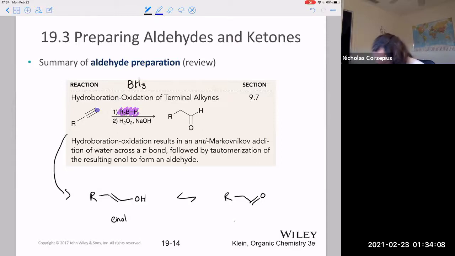We actually call it an enol-keto tautomerization. But if you're using a terminal alkyne, it's an aldehyde. This would also have been in this section too. You can go back and remind yourself that, similar to what BH3 does to an alkene, you put an OH group on that less highly substituted carbon, but then because you create an enol, it's going to tautomerize to this aldehyde.